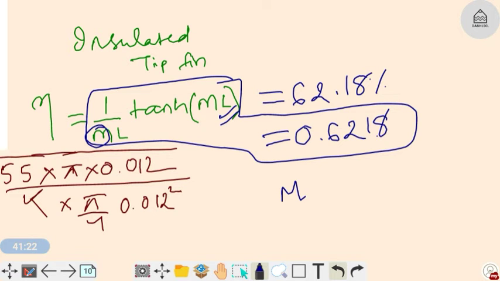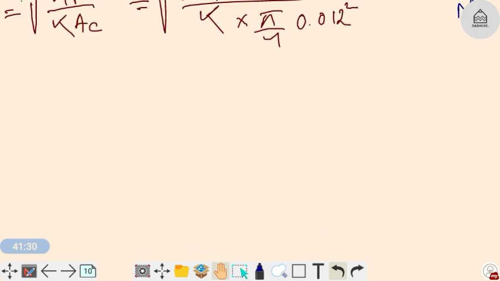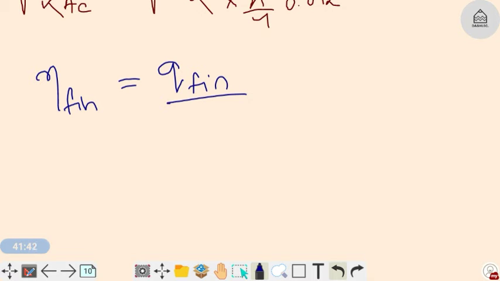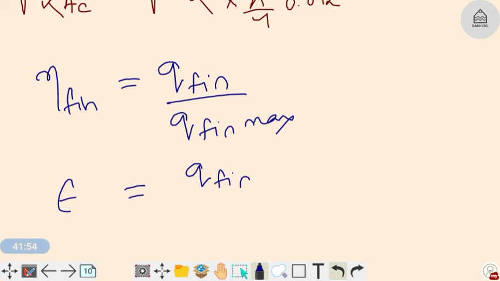Now let me show you one short trick. If you go conceptually, what is efficiency? Efficiency is Q fin divided by Q fin max. Yes or no? Yes. What is effectiveness? Effectiveness is Q fin divided by Q without fin.